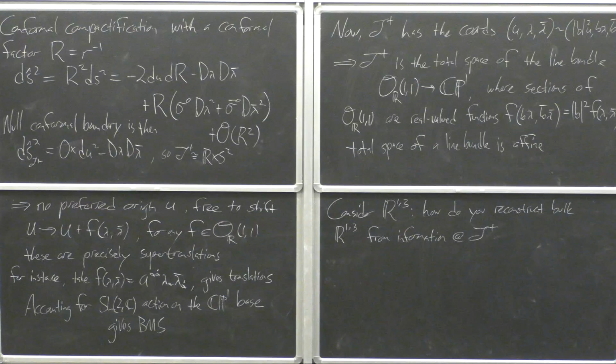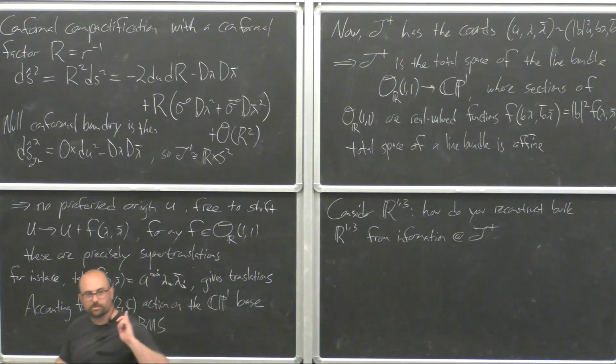Okay, yes? Where did I assume it? When I wrote down the Bondi-Sachs expansion. You could write Bondi-Sachs in de Sitter also, and the expansion would take a different form to the one I wrote.